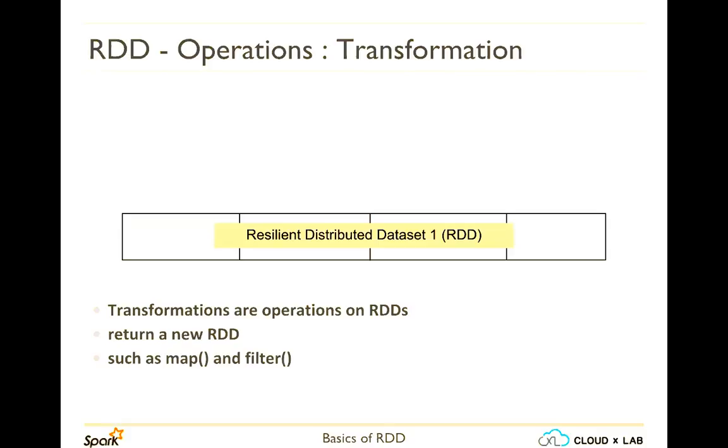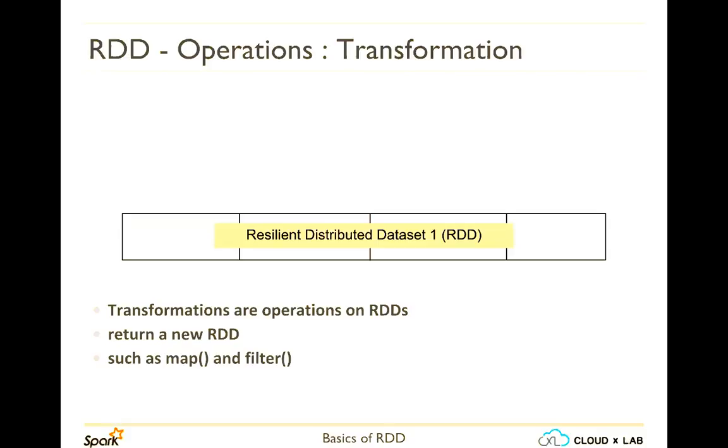Just like a data structure, you can think of RDD. Now, transformations are operations on RDD. The transformations generally create a new RDD. Examples of transformations are map and filter.